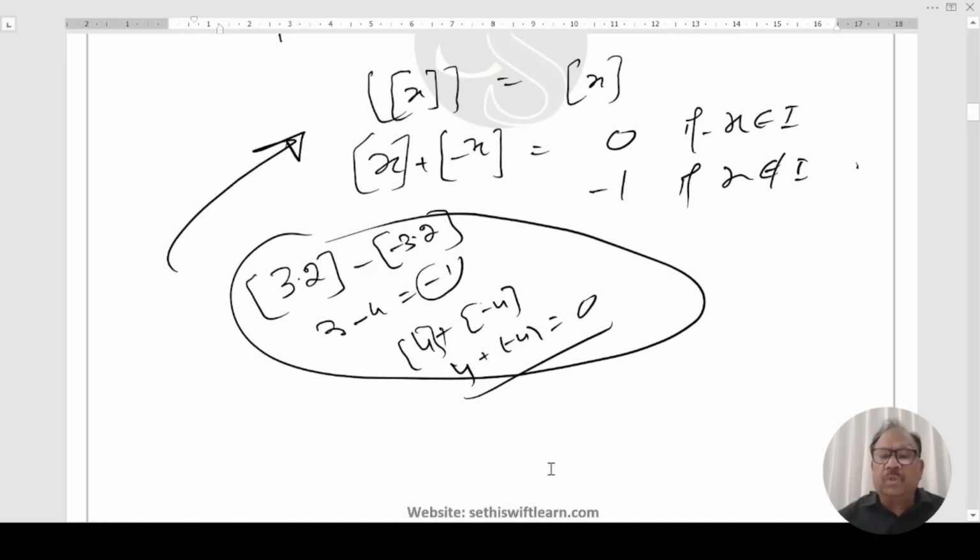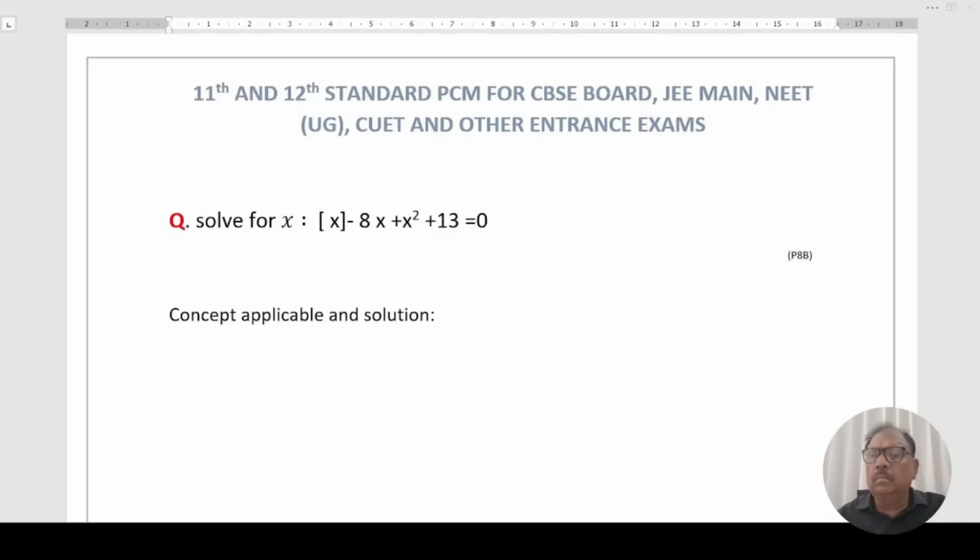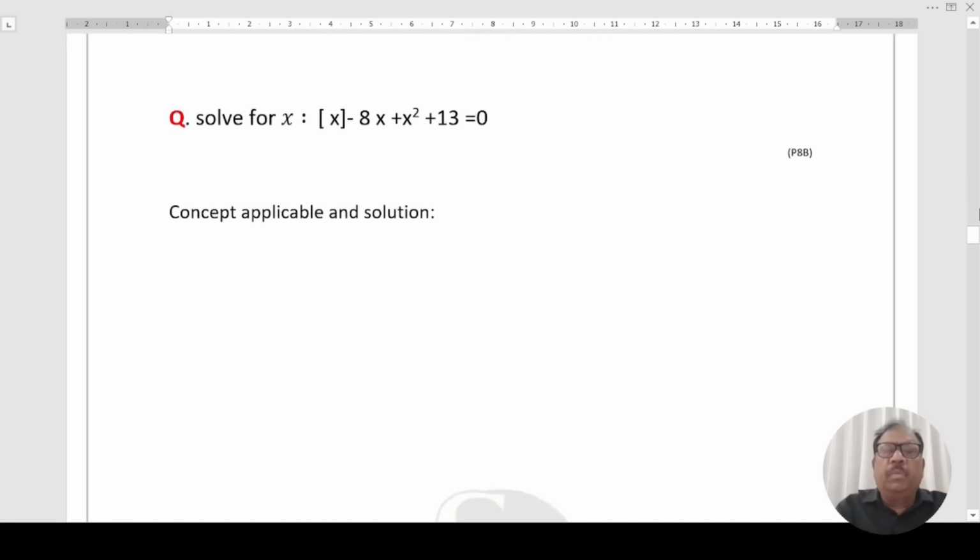Now let's start with the question. Question is, solve for x: the greatest integer function of x minus 8x plus x square plus 13 equal to 0. Concept applicable: greatest integer function. The answer is the integral value of x plus the fractional part function.